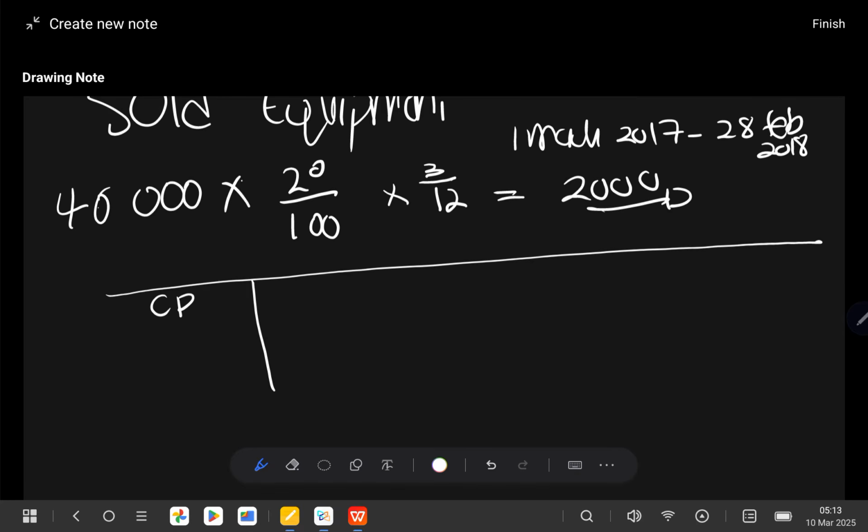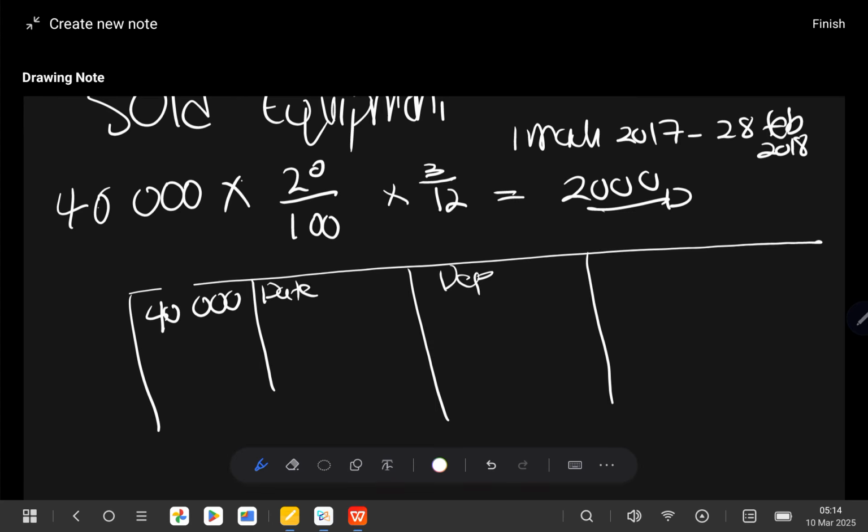So according to here, the cost price of this asset will be 40,000. Remember, this is our cost price, and then we will have the date, and then our depreciation, our accumulated depreciation, and then our carrying value.